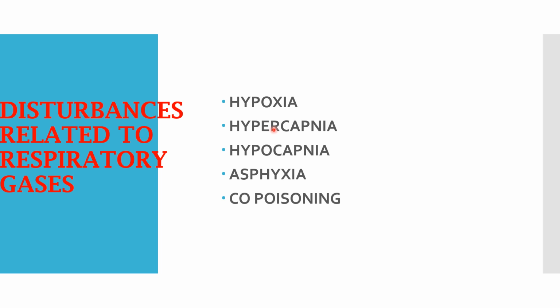When hypercapnia is the primary problem, it will be associated with respiratory acidosis, because increase in CO2 generates excess H plus. Through the reaction, H2O plus CO2 produces H2CO3, which again dissociates to H plus and HCO3 minus.